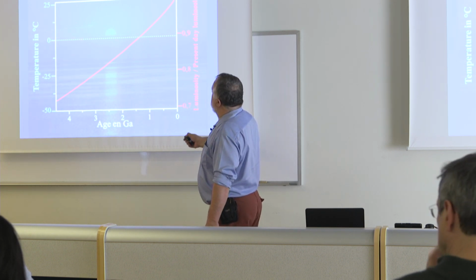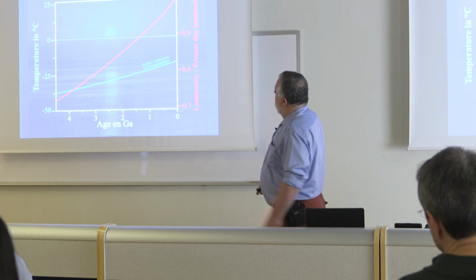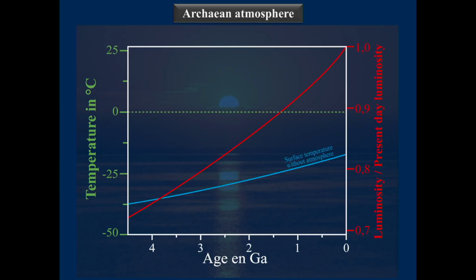Here is the temperature at the surface of the planet. If we take Earth and we remove the whole atmosphere, the temperature would remain extremely low even today.